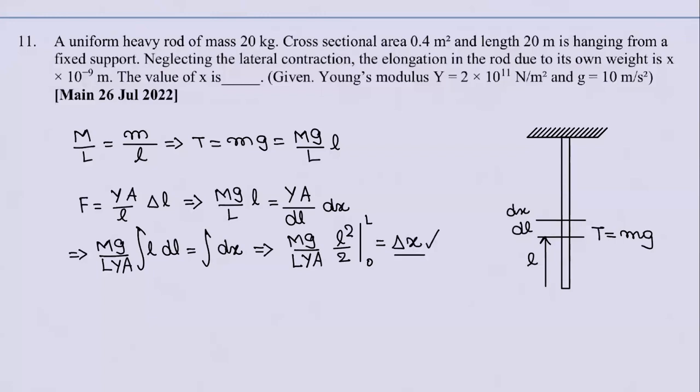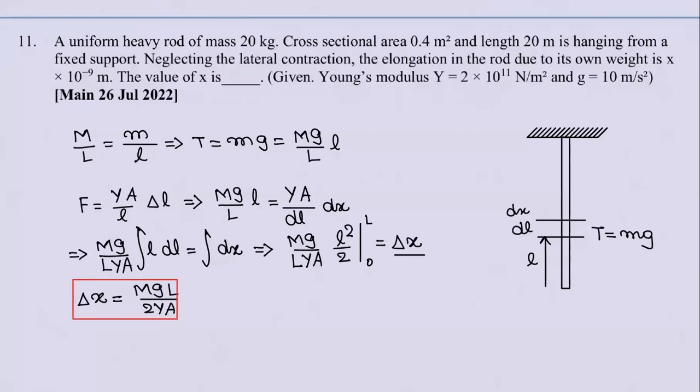That's what they want. So total elongation is, if I substitute the value, L square by 2, and this L and that L get cancelled. So directly I write mgL by 2YA.